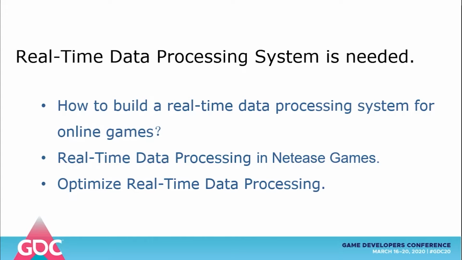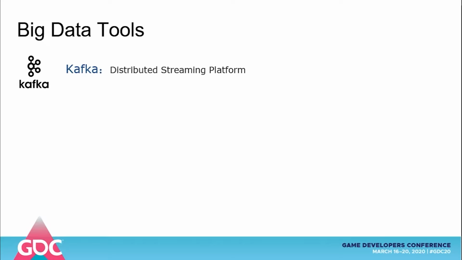Most of you probably have had little knowledge of big data. So I'd like to introduce some big data tools that are frequently used in practice before digging into today's topic. Firstly, Kafka.